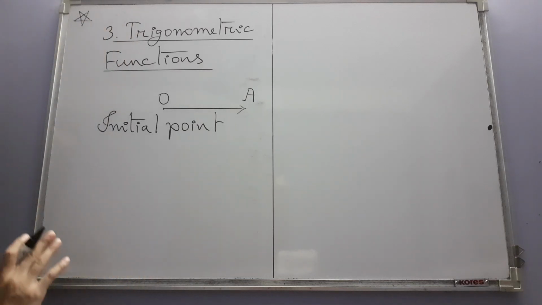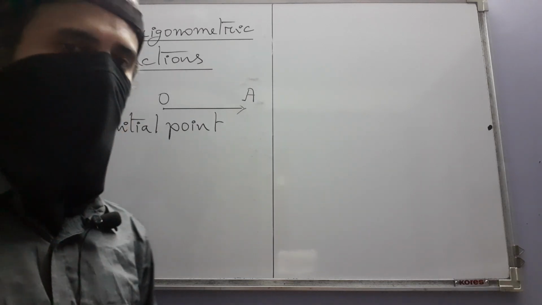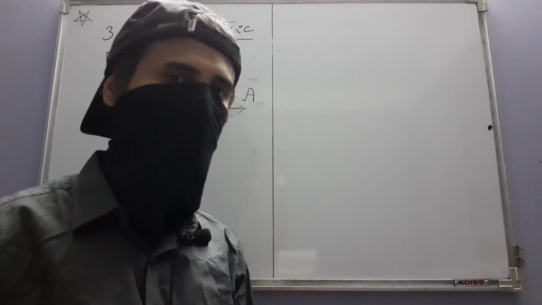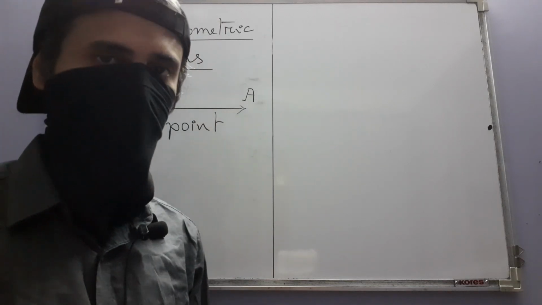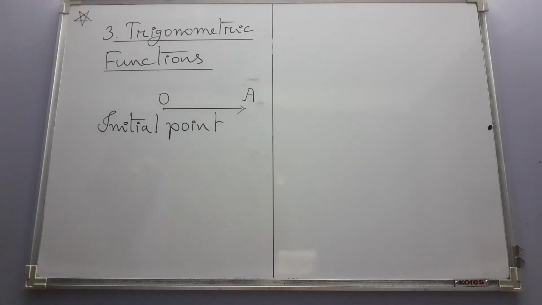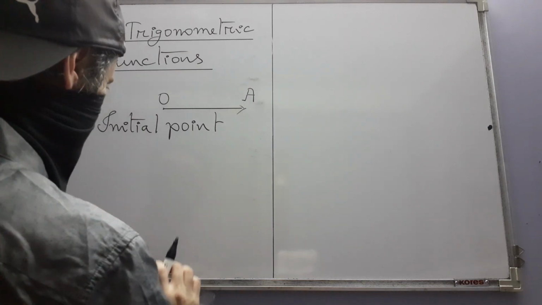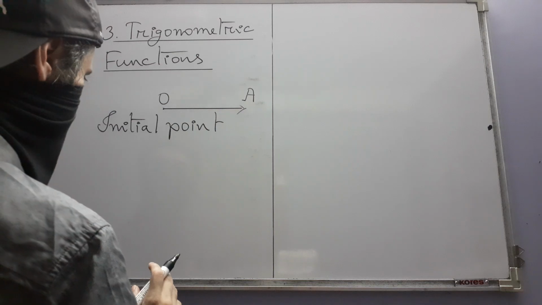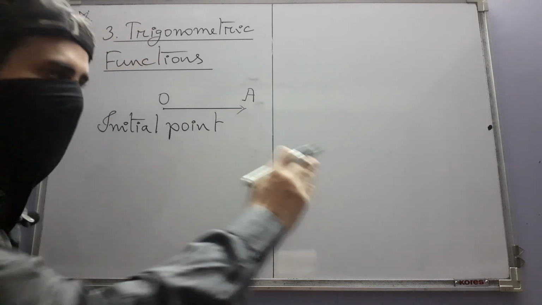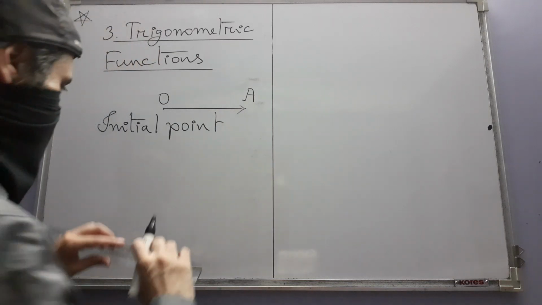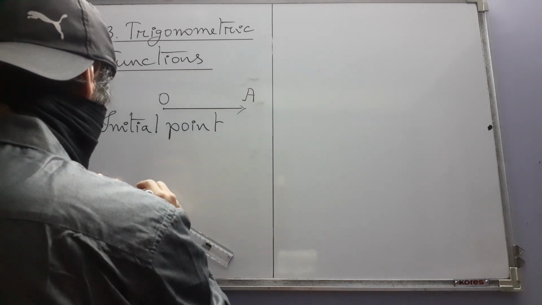Now, an angle consists of two rays like this, which have the same initial point. So let's draw one such figure. Say this is one ray. It's not necessary to draw one of the rays horizontally. You can just take any ray.